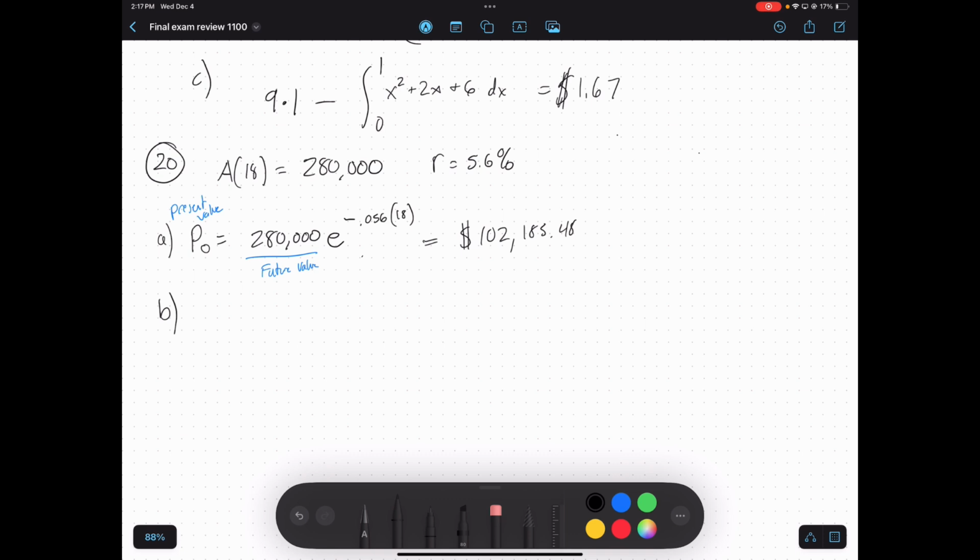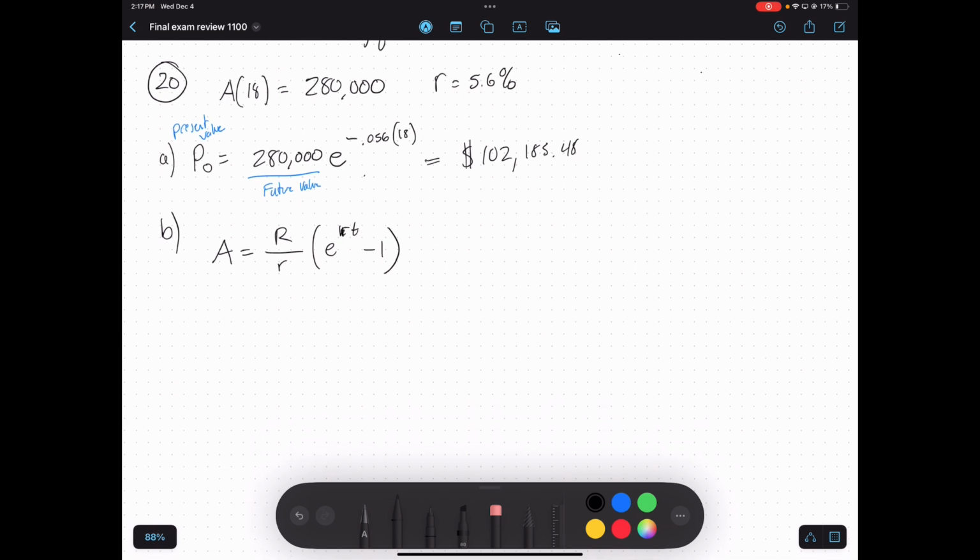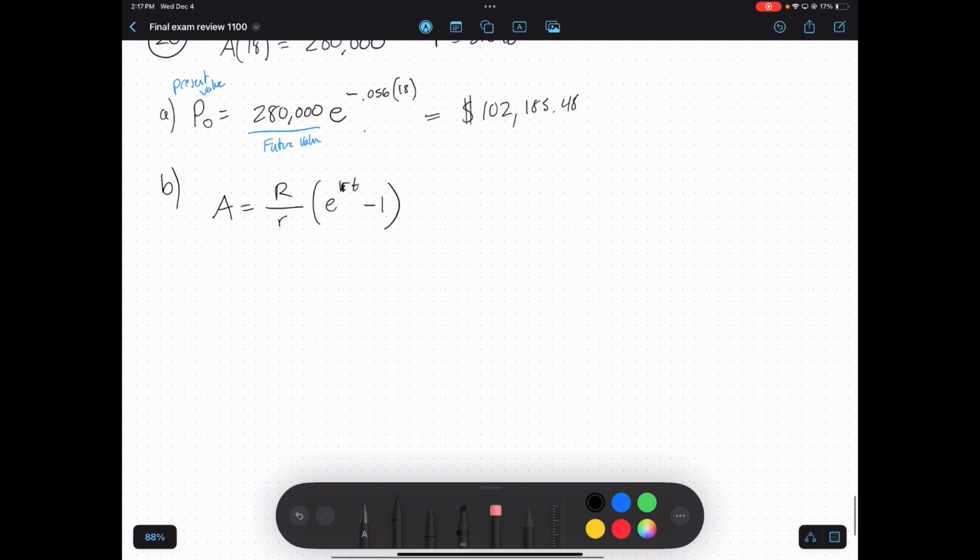Well, in that case, I can use my future value formula for a continuous income stream, where A equals R over little r times e to the rt minus 1. What do I plug in for A? 280, right? That future value that we want. We want to end up with 280,000.